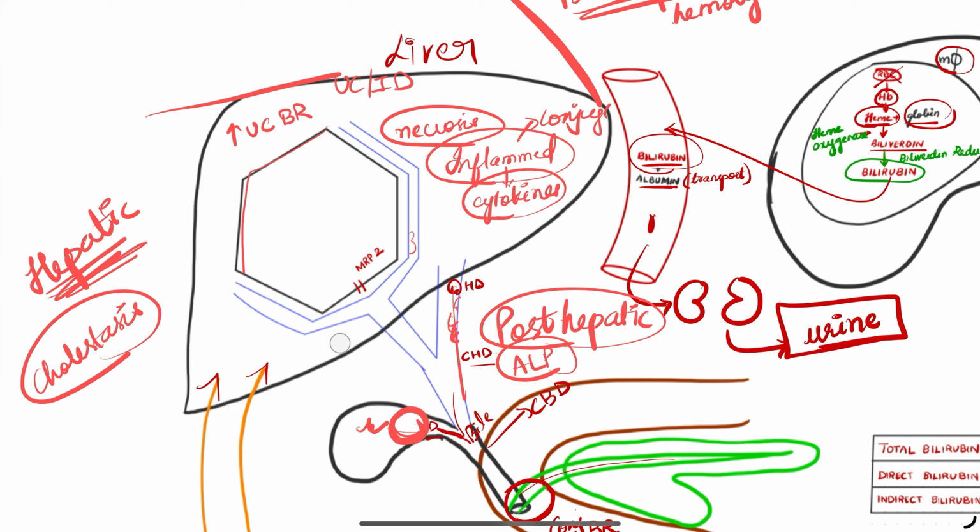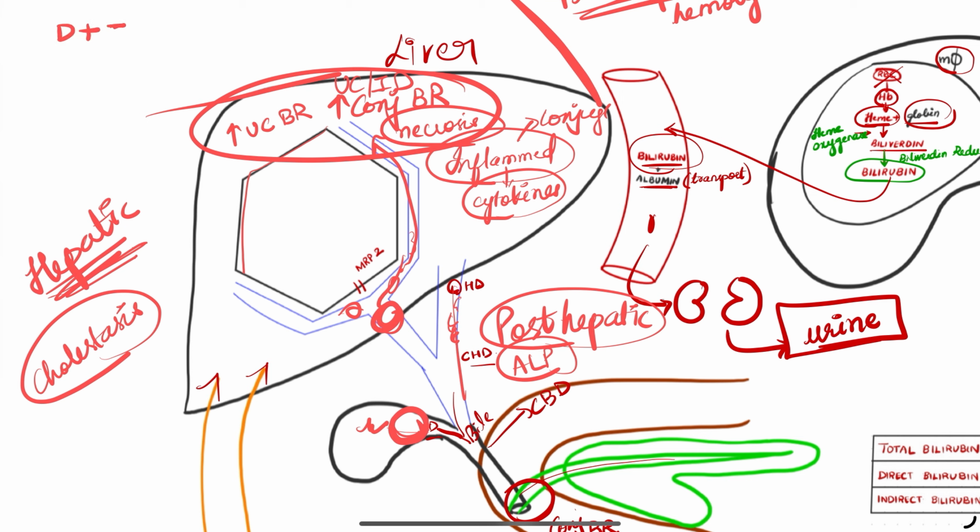Because of this, the conjugated bilirubin may backflow into the circulation, resulting in a rise in conjugated bilirubin too. For this reason, in viral hepatitis or in hepatic pathology, there is rise in both direct and indirect bilirubin. That is called mixed hyperbilirubinemia.